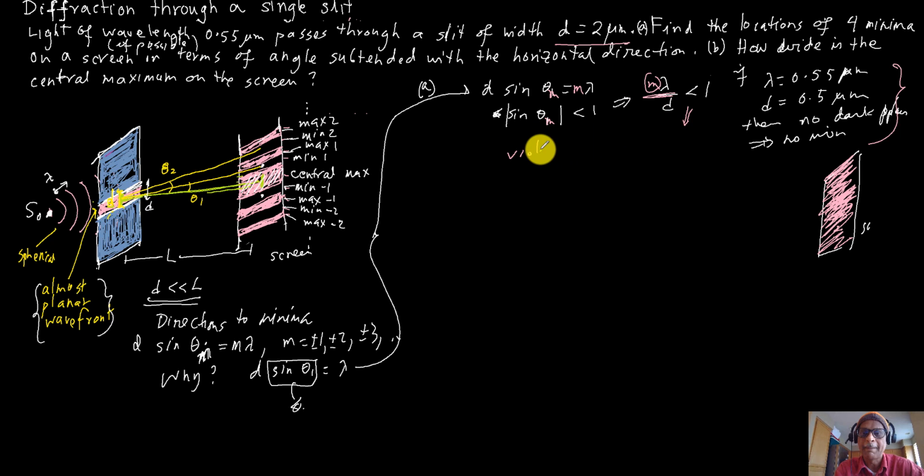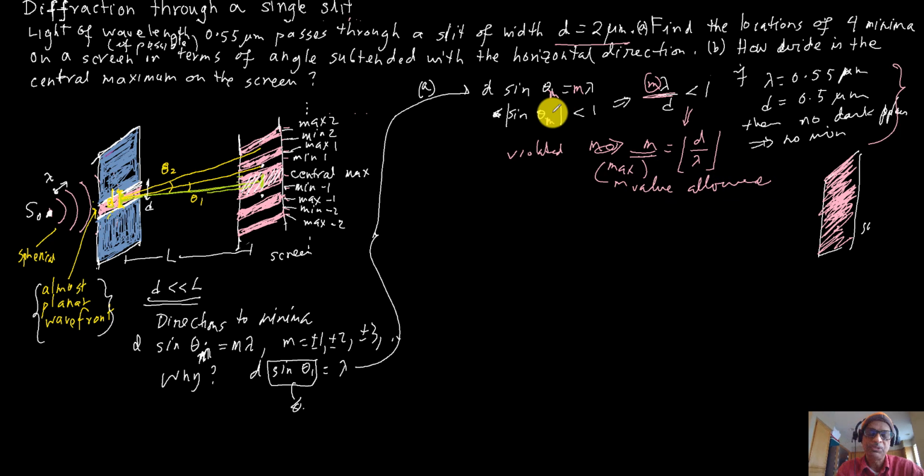So it is violated for m greater than m equals D over lambda. So this is the max m value allowed. It's very important, whenever you're using a formula with sine theta or something like that, to make sure that the formula makes sense up to a point, and when the formula will get violated.